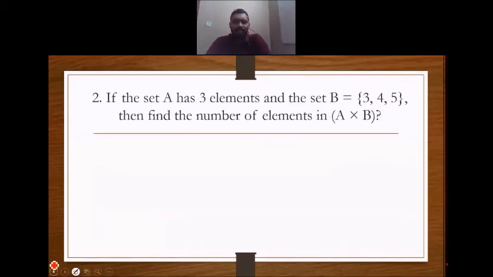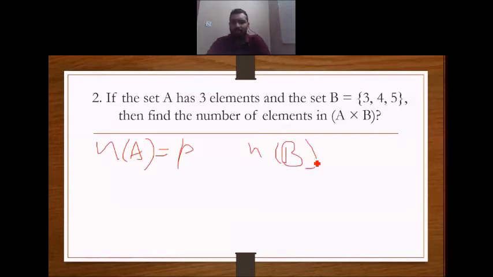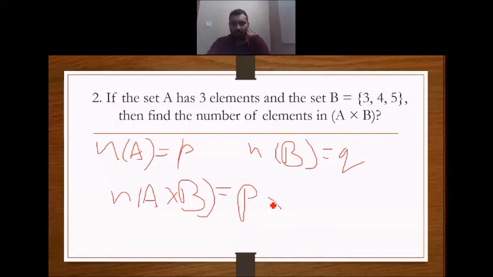Okay, next, second question. If the set A has 3 elements and set B equal to {3, 4, 5}, find the number of elements in A cross B. So we have seen the note: if the number of elements in A equal to p and the number of elements in B equal to q, then the number of elements in A cross B equal to p into q.